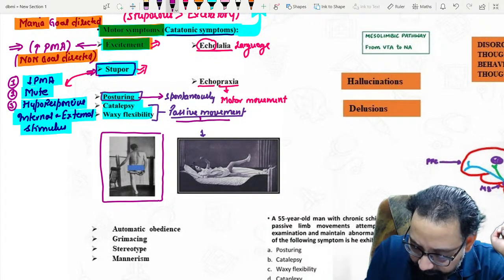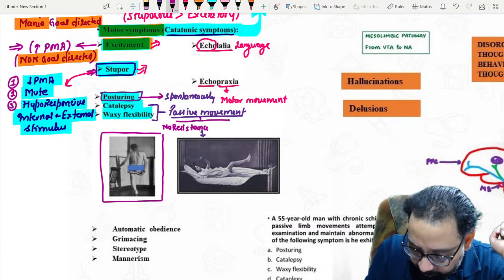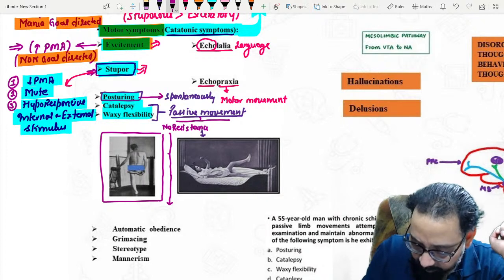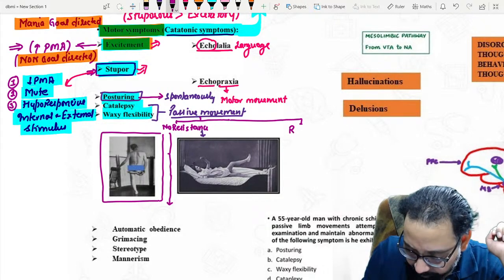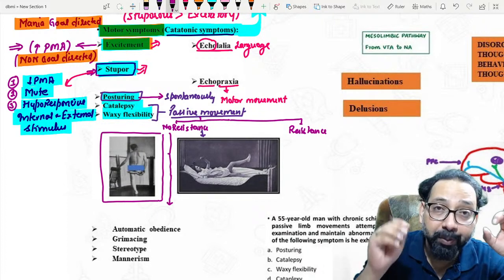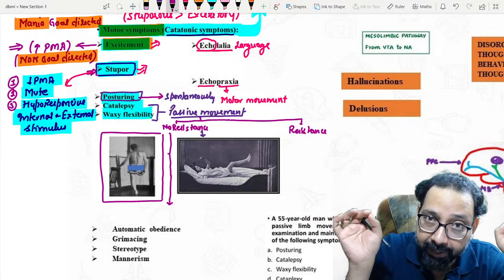In passive movement, resistance may be present or absent.